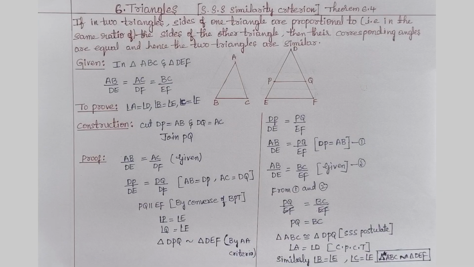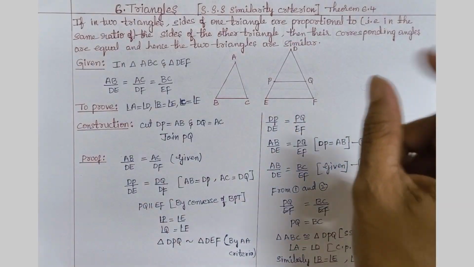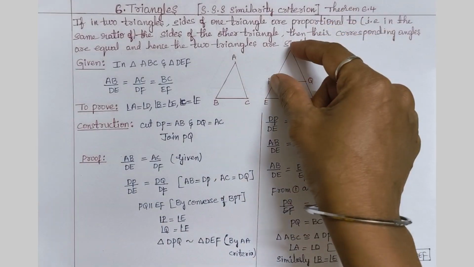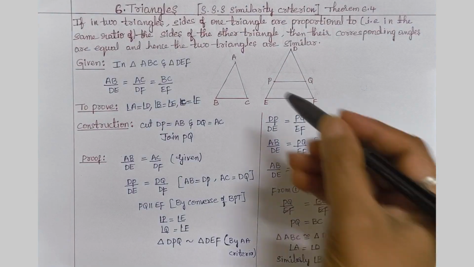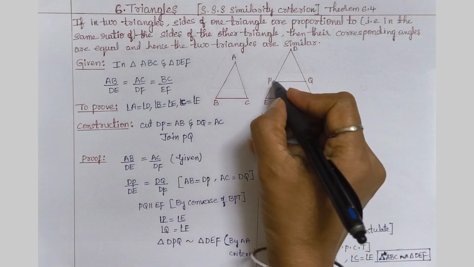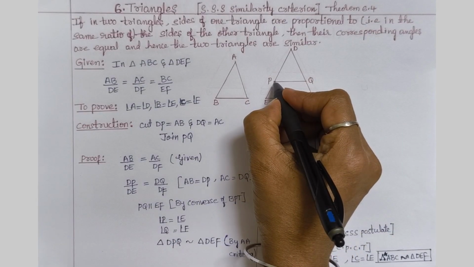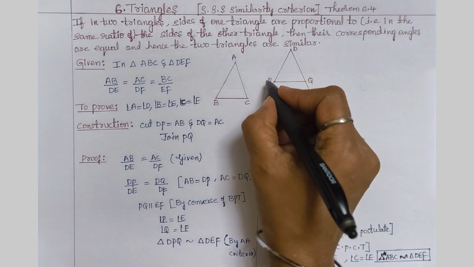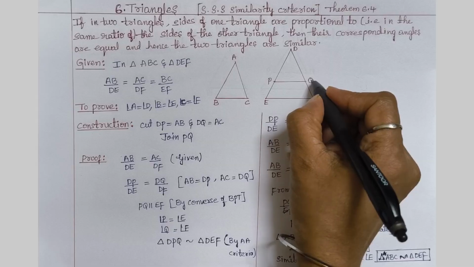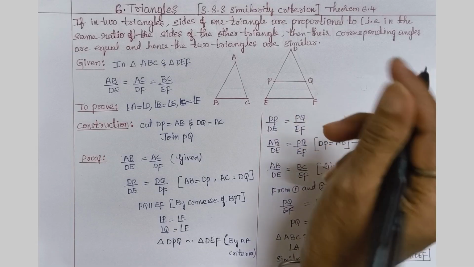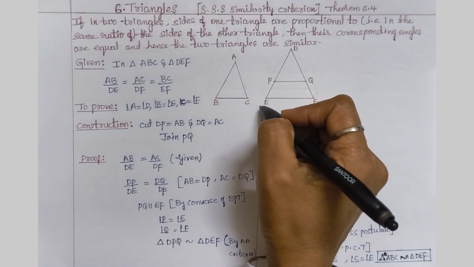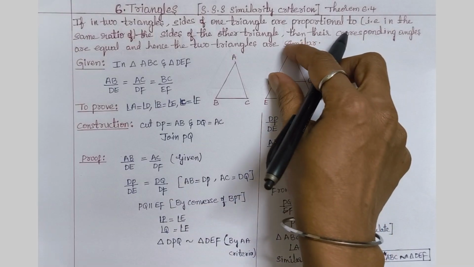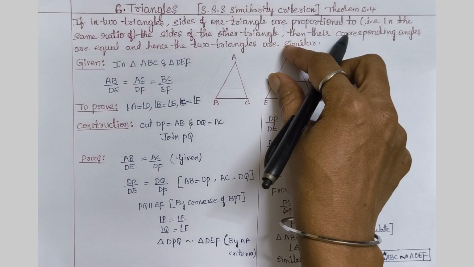Before proving this, we have to write the construction. Carefully listen. On DE, put one dot, and on DF, put one dot, such that the measurements equal AB and AC. Name this dot P and this dot Q. So AP and DP, both we take equal.